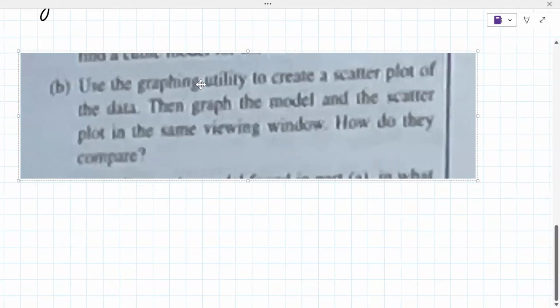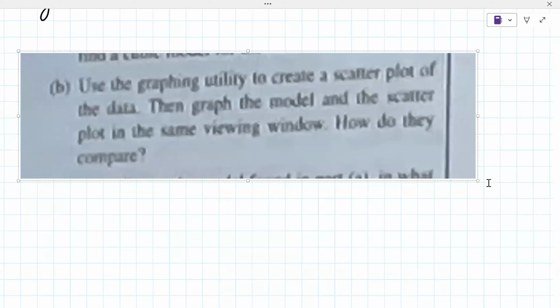Use a graphing utility. Use the graphing utility to create a scatter plot of the data. Then graph the model and the scatter plot in the same viewing window. How do they compare?